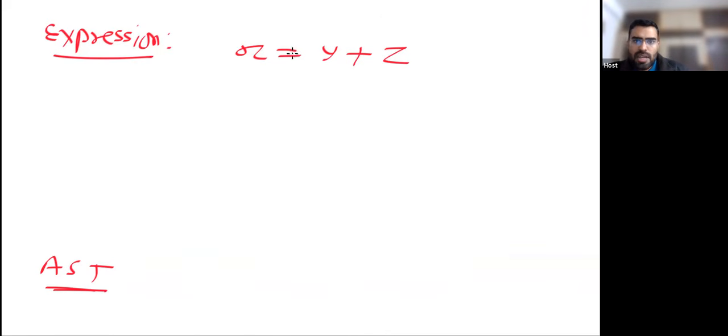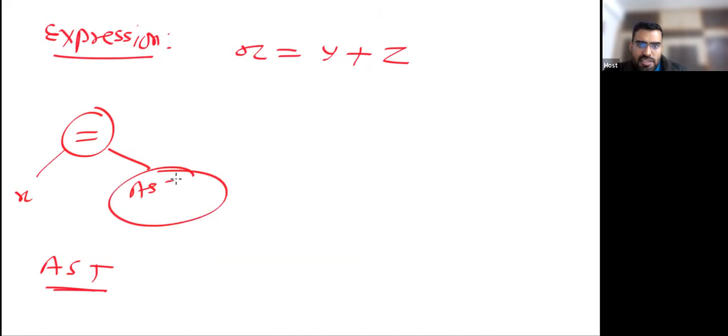The operands are not part of the language, but the operator is a language construct. So in the abstract syntax tree, the operator is the root; here you have x, and here you have the abstract syntax tree of y + z.